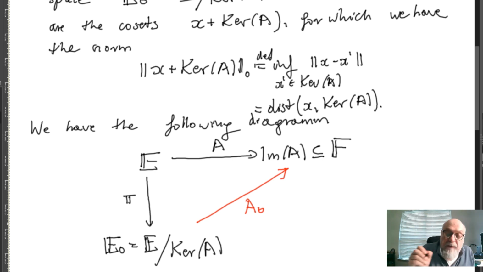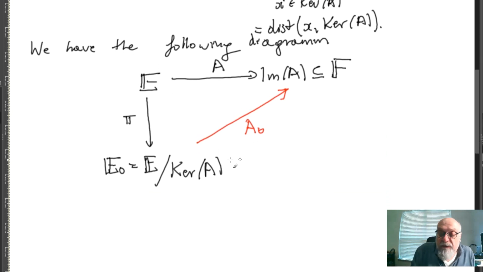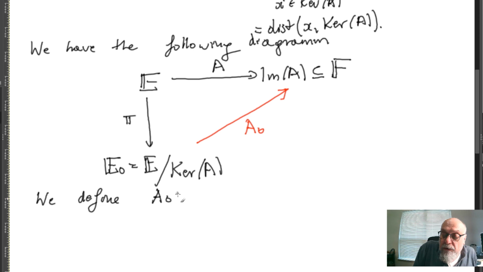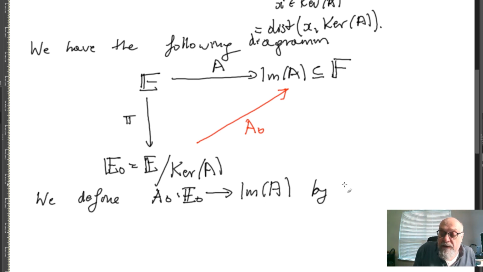We define A0 from E0 to the image of A, by the formula: A0 on the coset x plus kernel of A is simply equal to A of x.